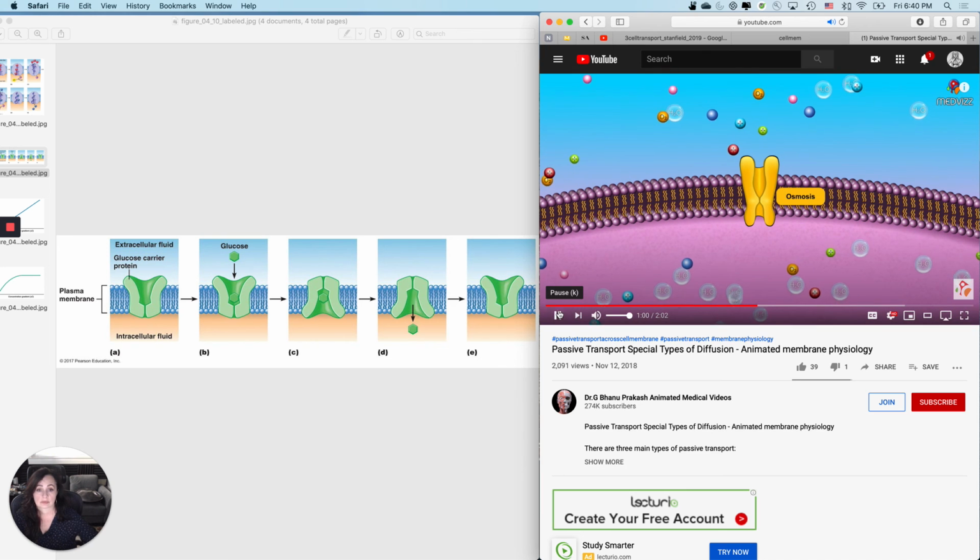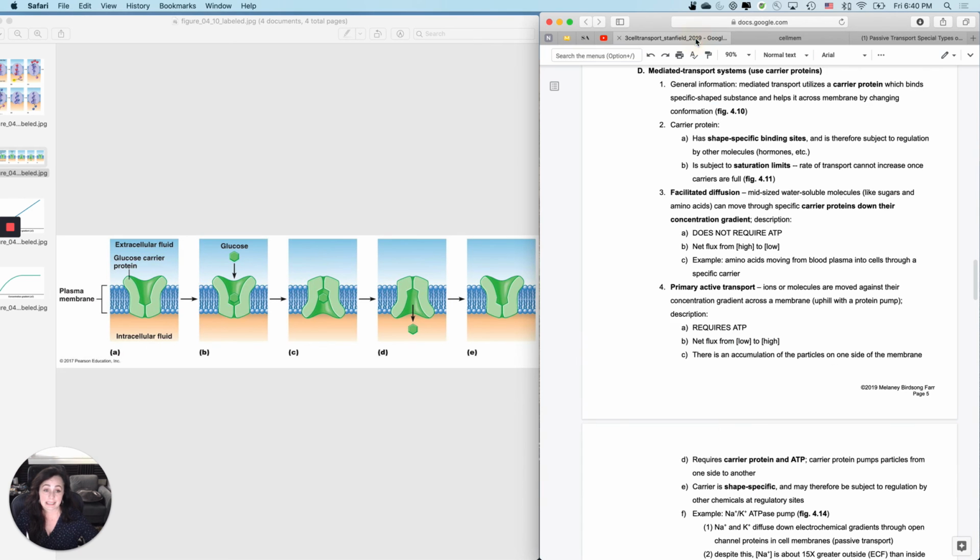Osmosis is a special kind. So we already did osmosis. Okay. So I'll link this one for you. All right. So that is facilitated diffusion and just generally mediated transport systems. All mediated transport systems use a carrier as the mediator. Although textbooks disagree on that.